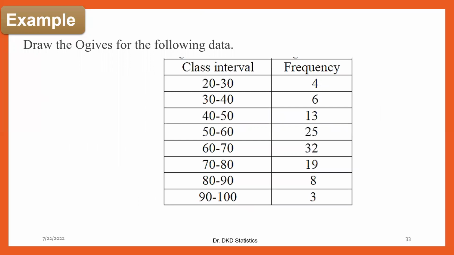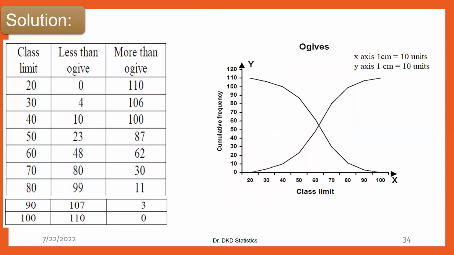Now we have exclusive class intervals 20 to 30, 30 to 40, 40 to 50, 50 to 60, 60 to 70, 70 to 80, 80 to 90, 90 to 100. And for each class interval, we have a different frequency: 4, 16, 13, 25, 32, 19, 8, and 3. Let's understand how to get the ogive curve.